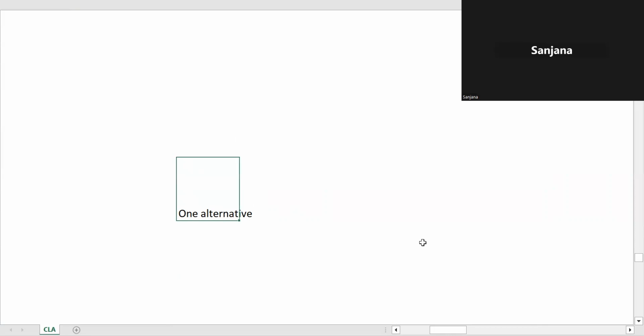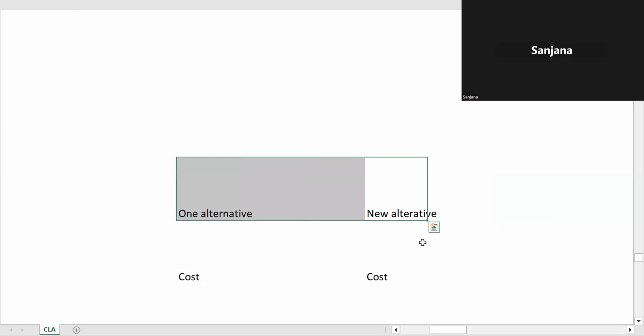If I add some other work, I get a new alternative where I'm retaining the old one and adding some work. I want to find out the extra cost for this, so I take this cost minus this cost. This will be the cost for the new alternative, basically going from the first alternative to the new alternative. This difference between two alternatives is called differential cost.